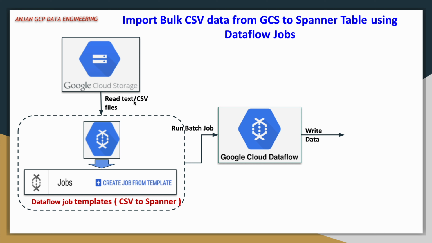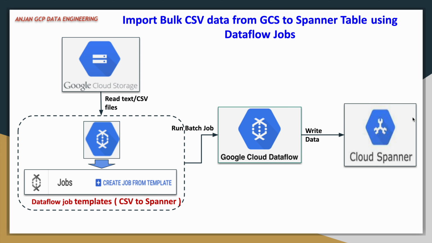Those are very huge files, two files consisting of 1+ million rows. We'll read those files using this template job, and once we trigger this job it will process all those rows and load the data into our Spanner table.